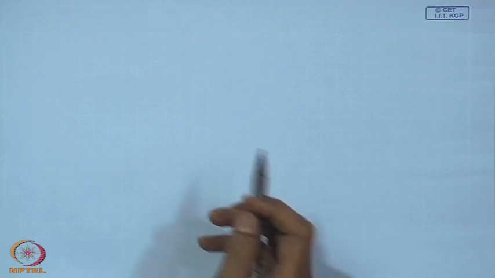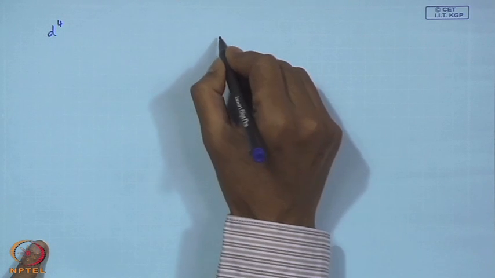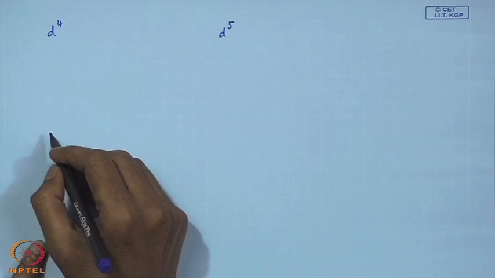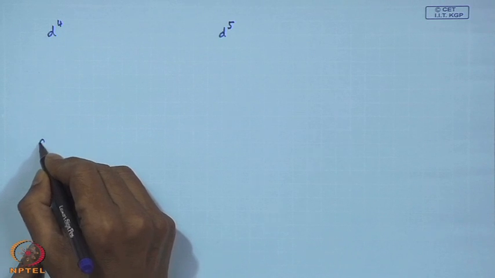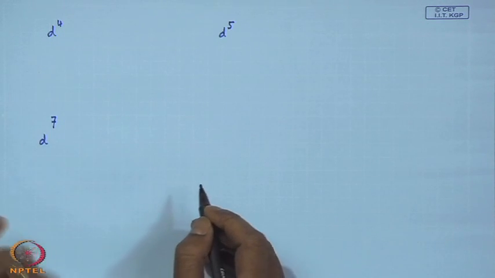So, we get the situations for D4, D5, D6, which we have already seen, and D7.